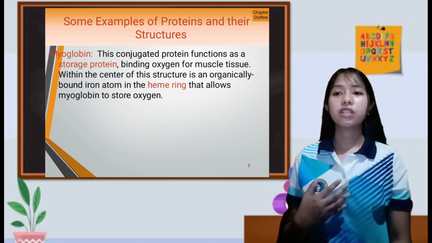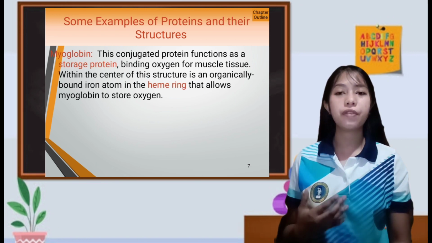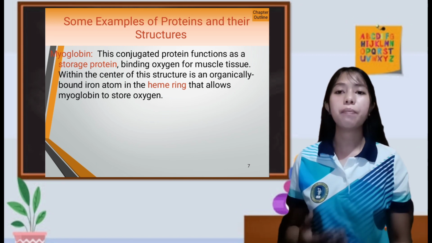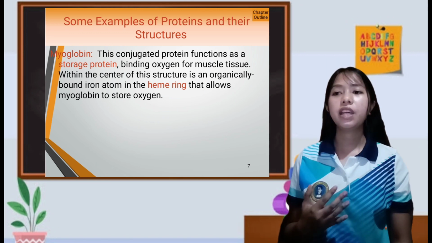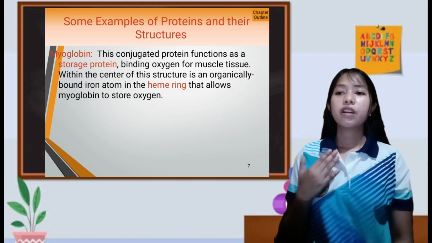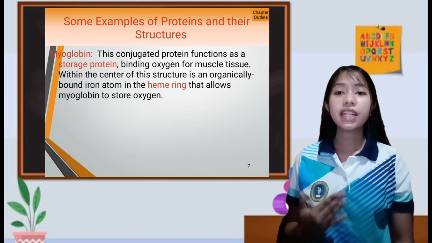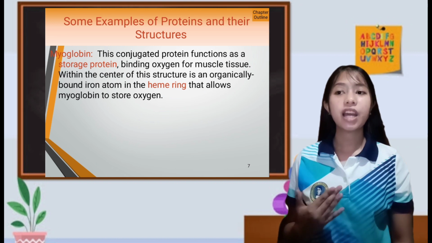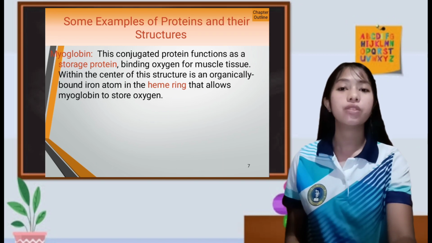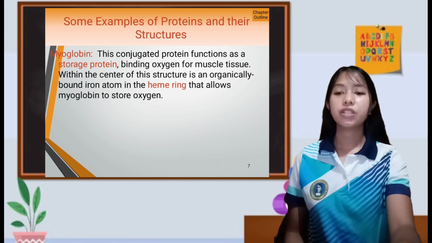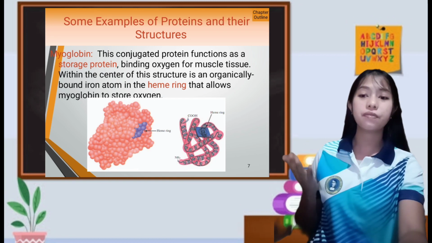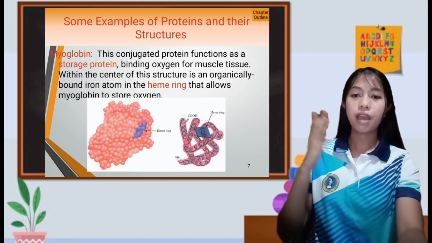This conjugated protein functions as a storage protein, binding oxygen in muscle tissue. Within the center of this structure is an organically bound iron atom in a heme ring. This allows myoglobin to store oxygen. So this is its structure. The heme ring is found in this area.